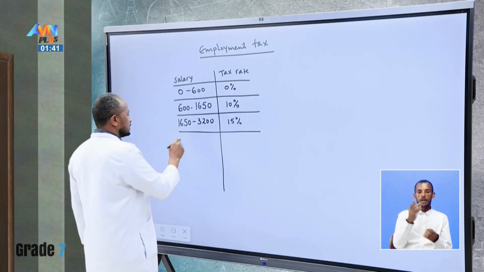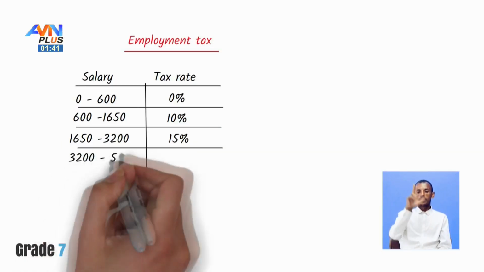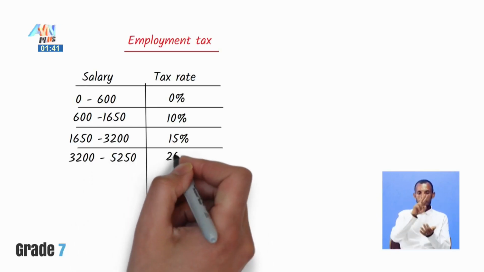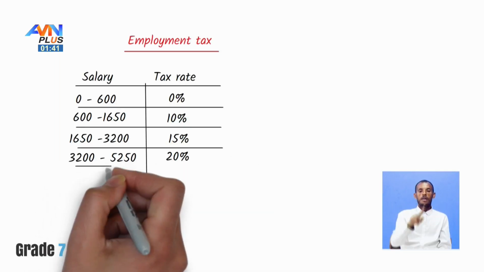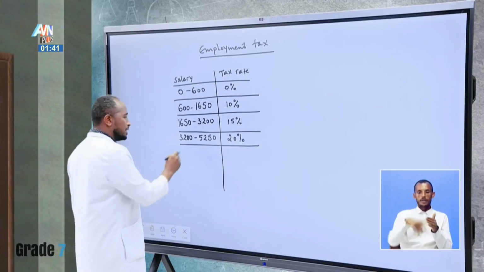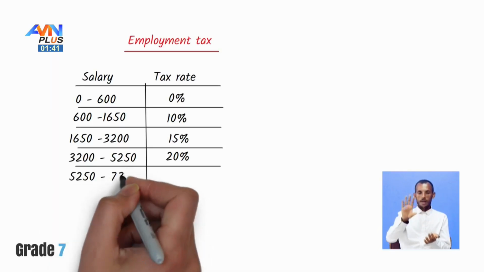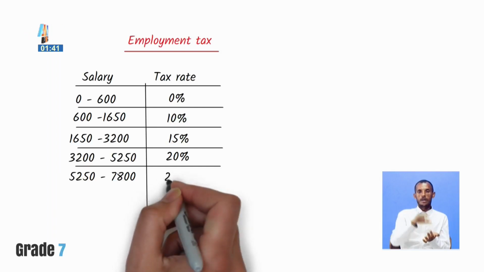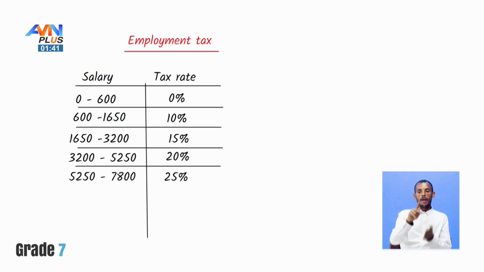Okay, next, for income ranging from 3,200 to 5,250, you are expected to pay 20%. The next range from 5,250 to 7,800, you are expected to pay 25%.